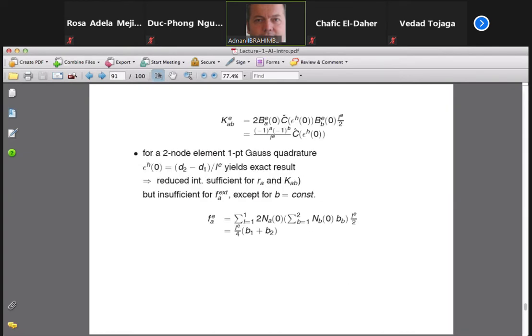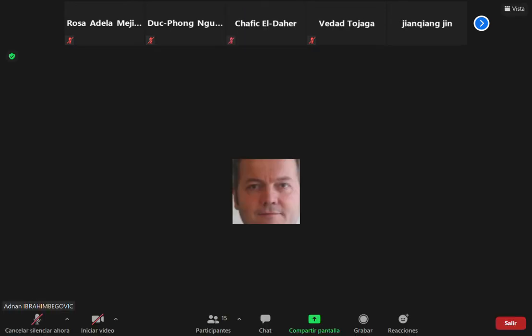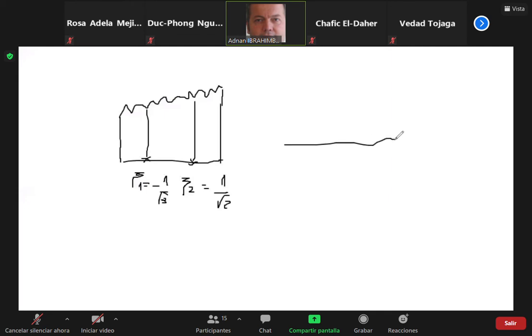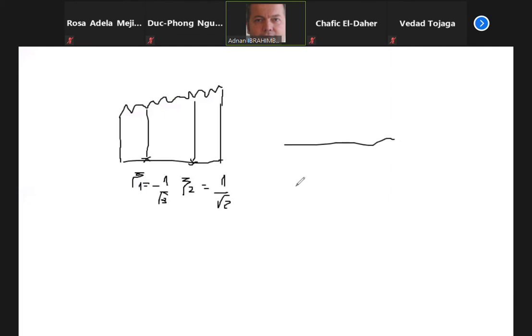Now, if you go to a higher order interpolation, a 3-node element, I'll let you see for yourself how many Gauss points you have to use. So if you want to complete the homework, which is unfortunately erased, I can go back and that was question number D. You had A, B, C already defined.